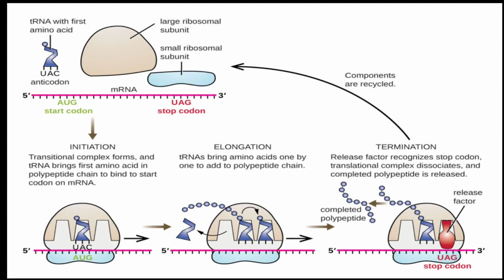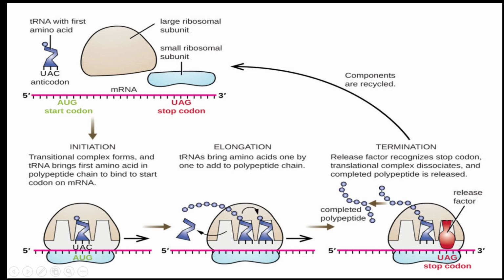So this is like a summary of what we've talked about. We have the ribosome, the larger subunit and the smaller subunit of our ribosomes, and we have the messenger RNA which has been formed. We have the transfer RNA. This is what we need to make a protein.